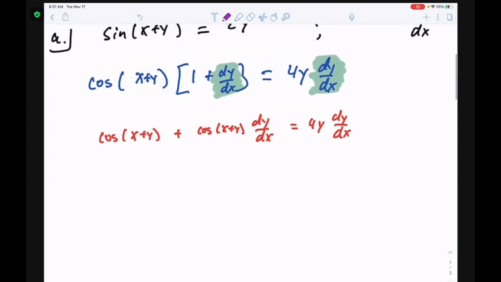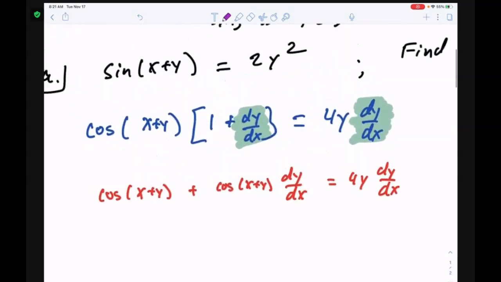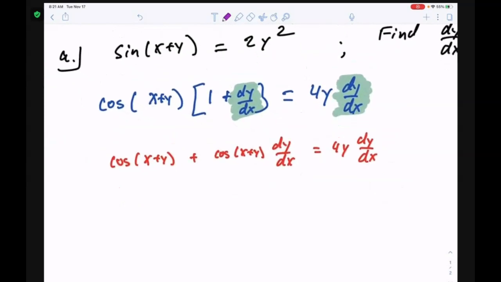We've already found a derivative. Yeah, we already found the derivative. We've already differentiated. When you see the dy dx there, we'll talk about the second derivative and what that means later, but we've already differentiated. Now it's just algebra.